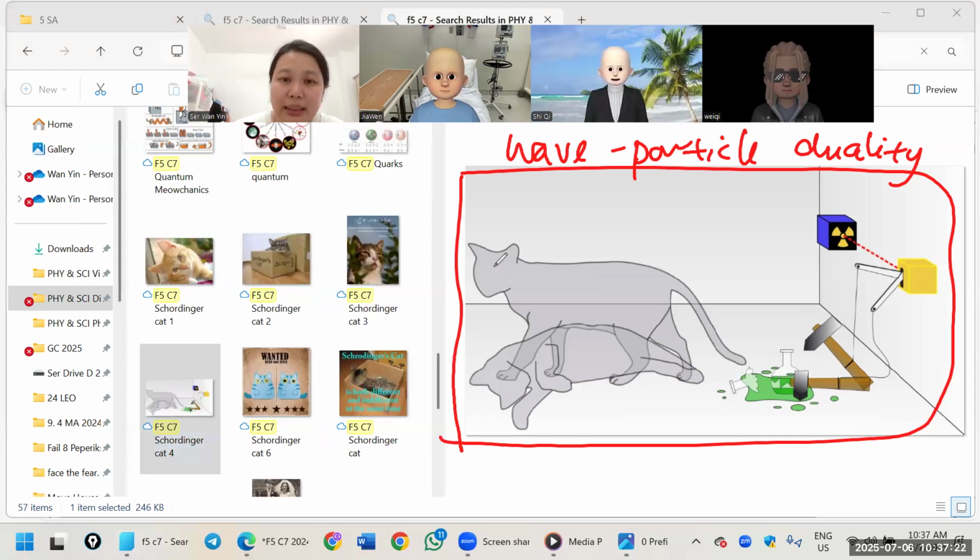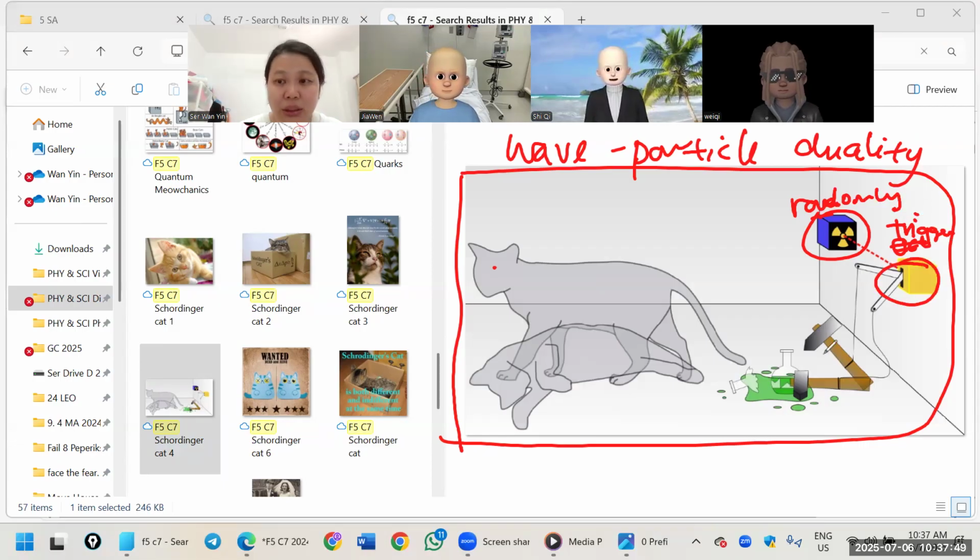Inside here there is radiation that will trigger an experiment, a switch. So when the radiation randomly, we don't know, randomly triggers the switch, it will hit the poisonous things and make the cat die.